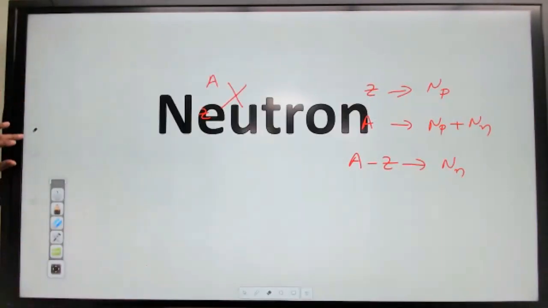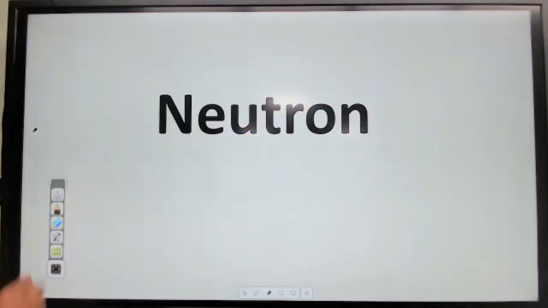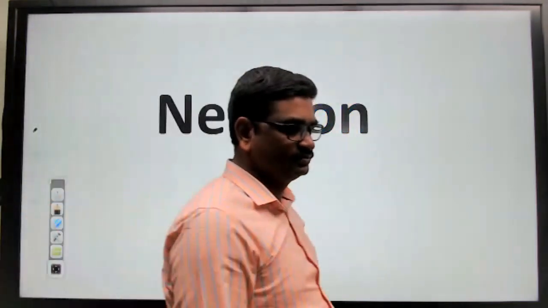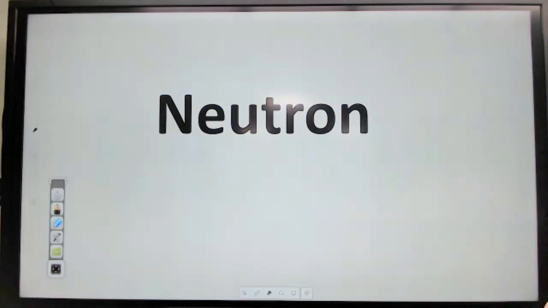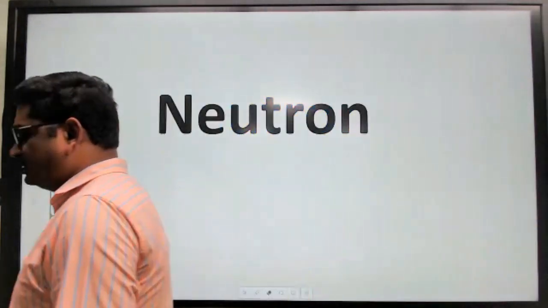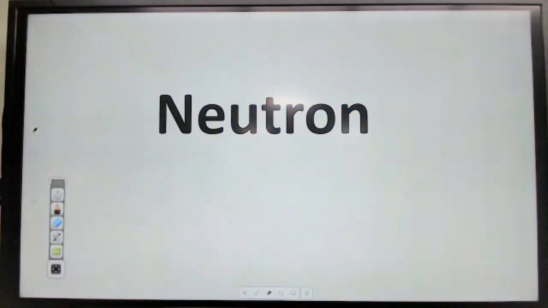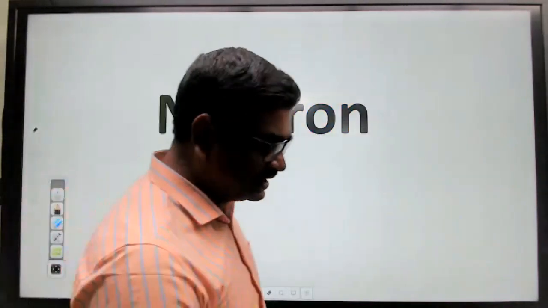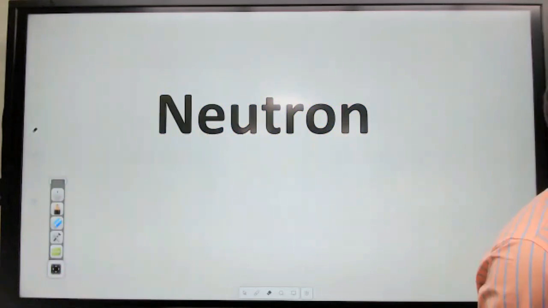Next one, properties of neutron. Neutron is a fundamental particle like the electron and proton.